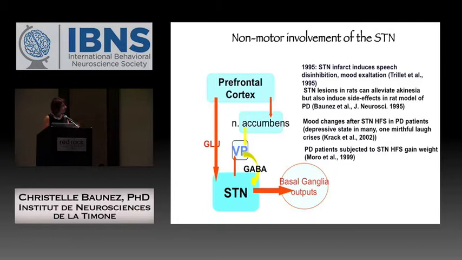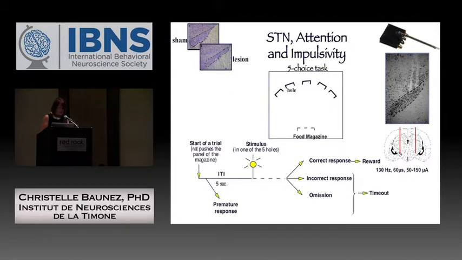And most interestingly, for the last part of my talk dedicated to motivation, PD patients subjected to subthalamic nucleus high-frequency stimulation gain weight, and it's not just anecdotal, it can be a really impressive weight gain, so I'll come back to that. But the first step was to look at the involvement of subthalamic nucleus in attention.